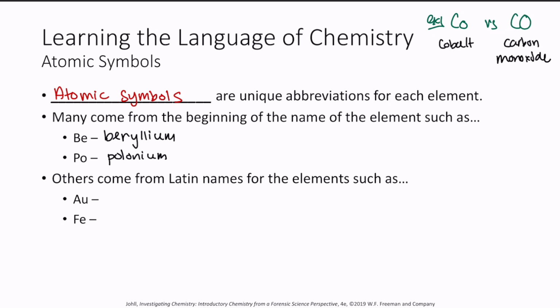Now, other element symbols will come from Latin names. So Au is gold. The Latin name for gold is aurum. Fe is iron. The Latin name for iron is ferrum. So that's where these symbols can come from.